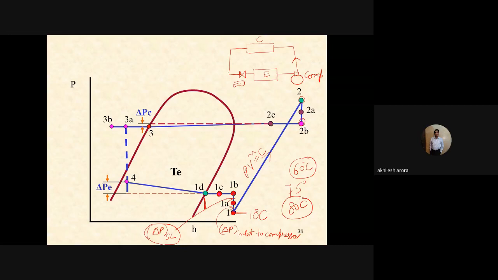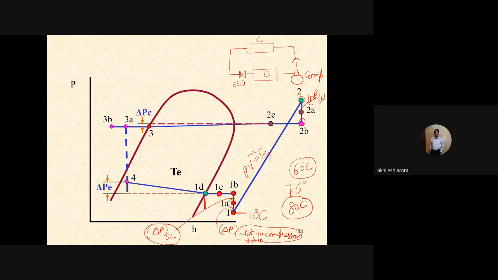So there will be a sort of wire drawing effect here at the delivery valve also, and there will be a pressure drop in the delivery valve. So 2 to 2A shows the pressure drop delta P in the discharge valve or delivery valve of the compressor. This delta P at the inlet, you can write, it is not inlet to compressor, you can write inlet valve. Okay, it is inlet valve.